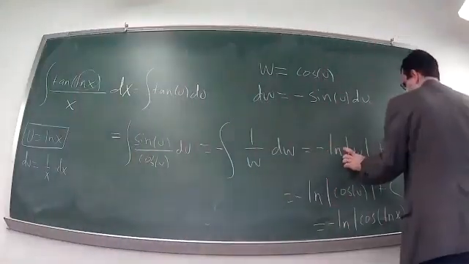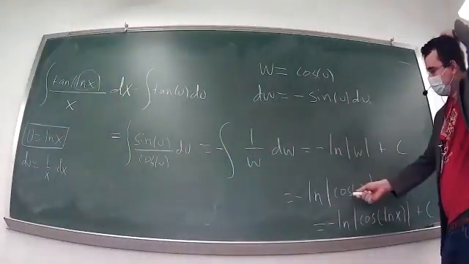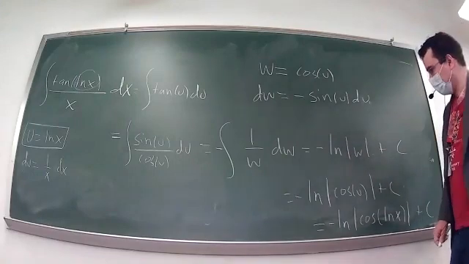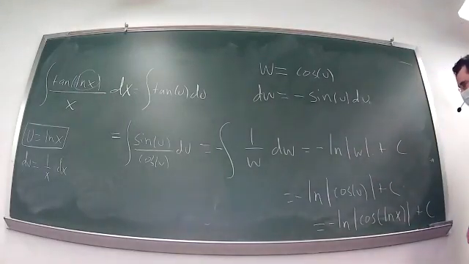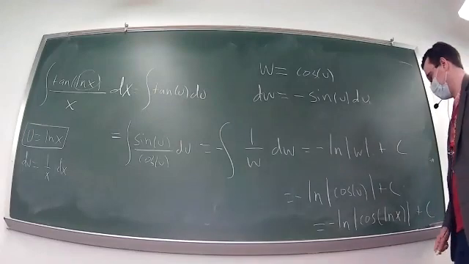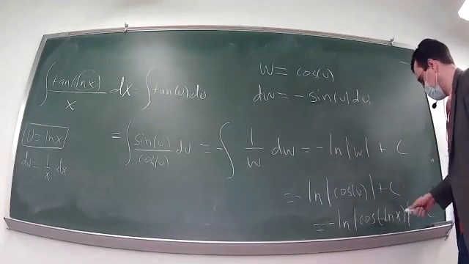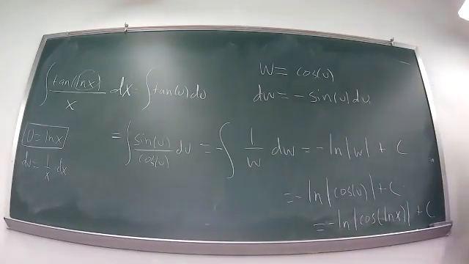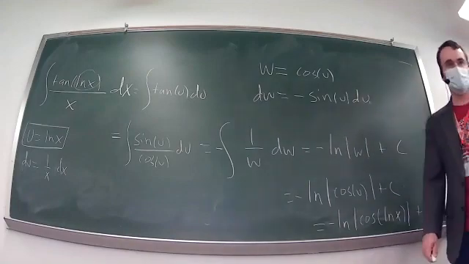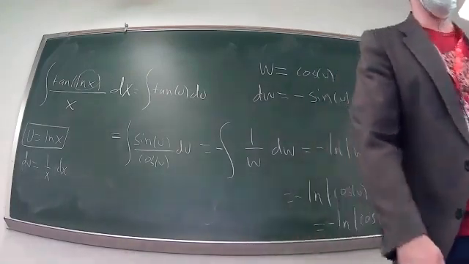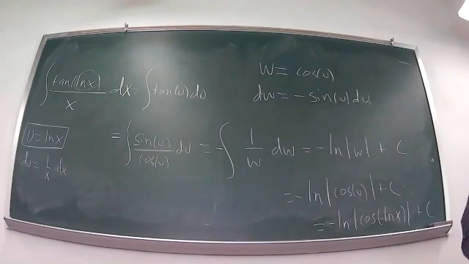That gives me negative natural log of w plus constant. w is cosine u, but u is natural log of x. So finally, it's negative natural log of cosine of natural log of x plus constant. So that's pretty cool. It's like a fun little game you can play with using that substitution rule.